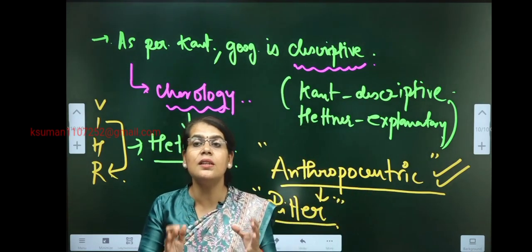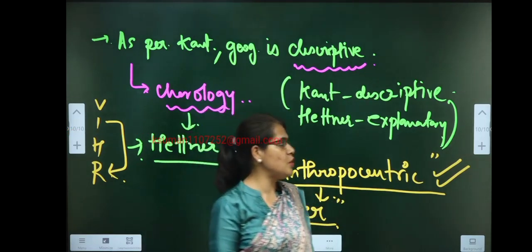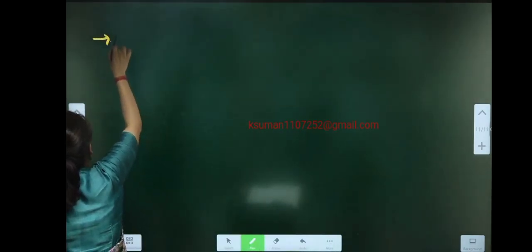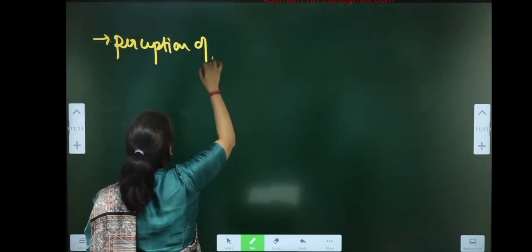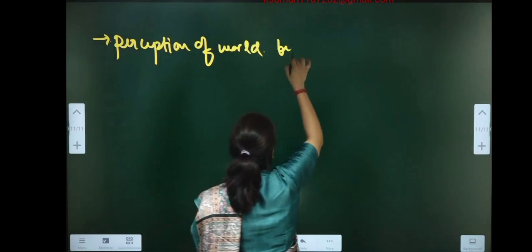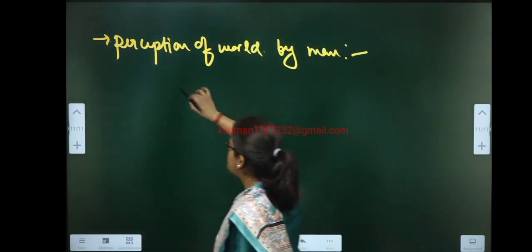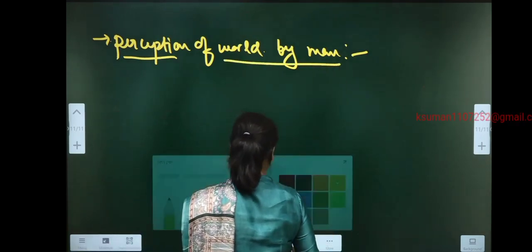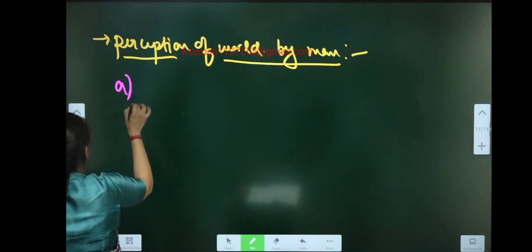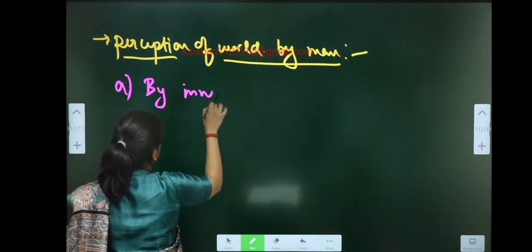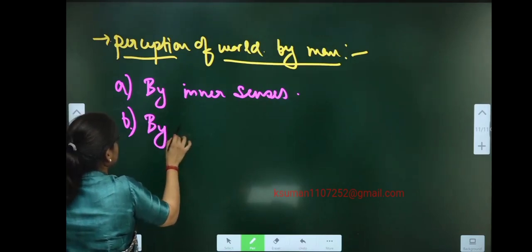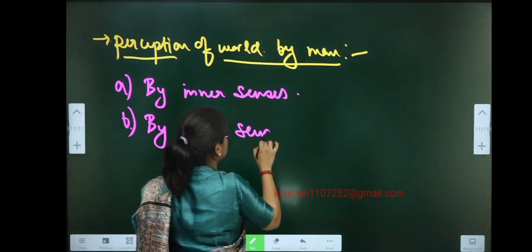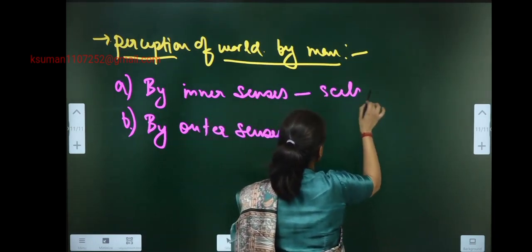Now see, there is another very important contribution by Kant which we will take in the discussion of humanistic geography. So write down. He's talking about the perception of the world by man: the perception by inner senses and by outer senses.